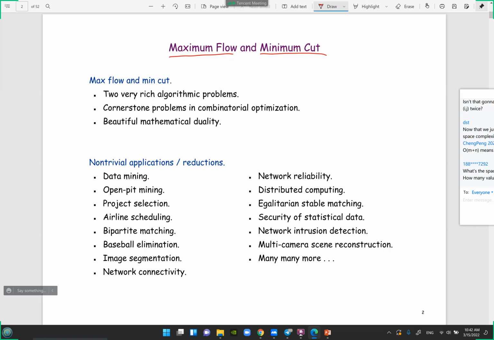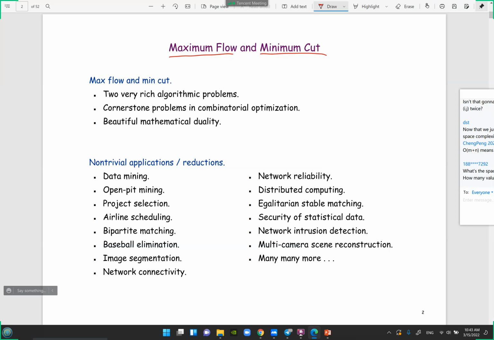In fact, this problem about max flow and min cut is a very important problem in computer science. It's widely used in combinatorial optimization because even though these two problems themselves are graph problems, you can use them to model many other kinds of problems, both on graphs and also in situations which do not look like graph problems.